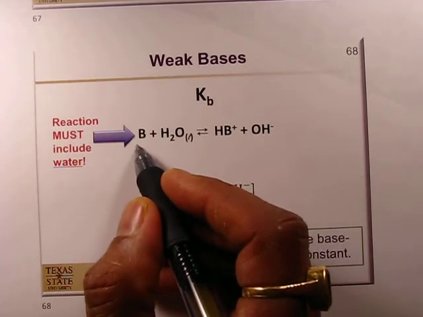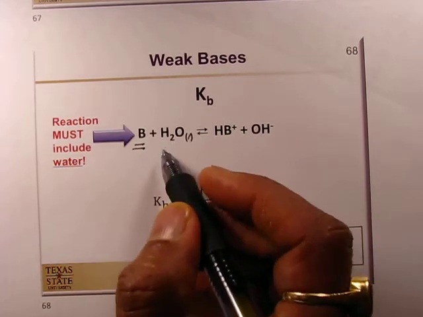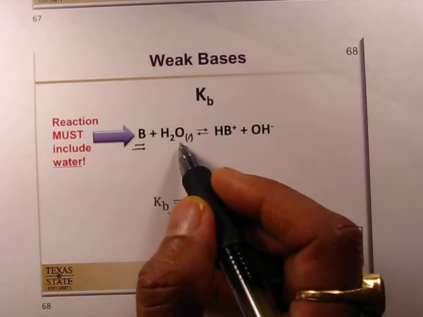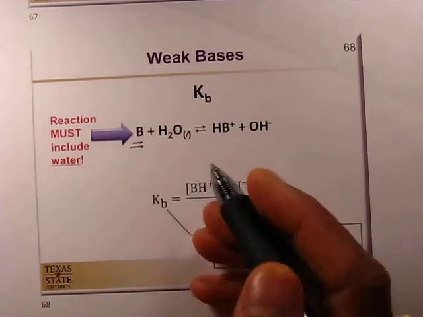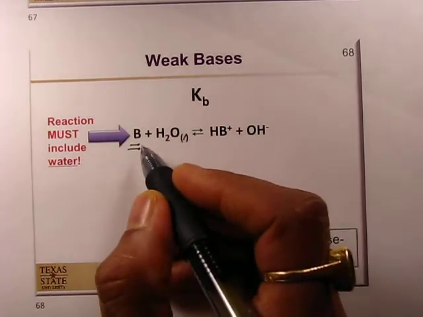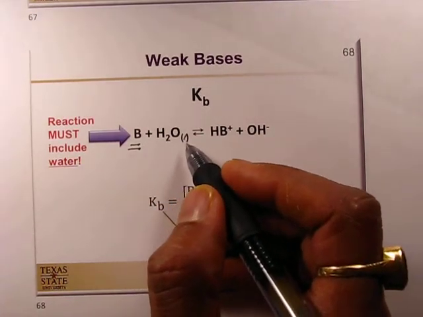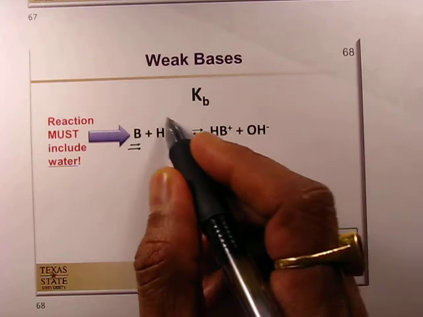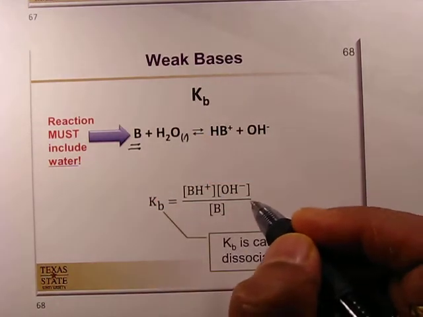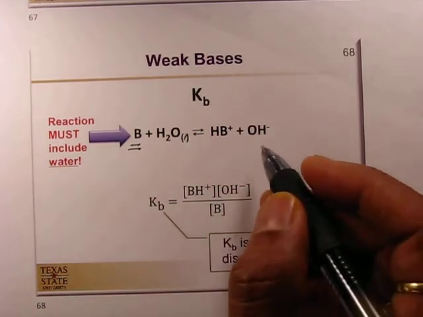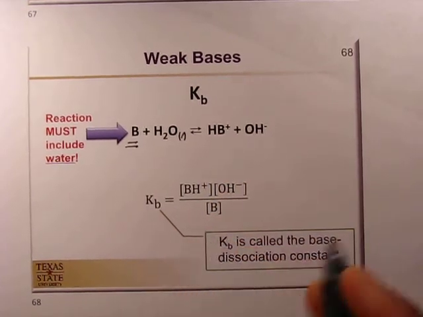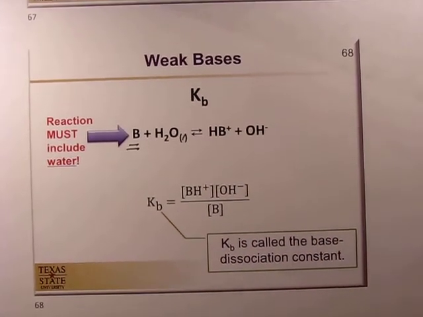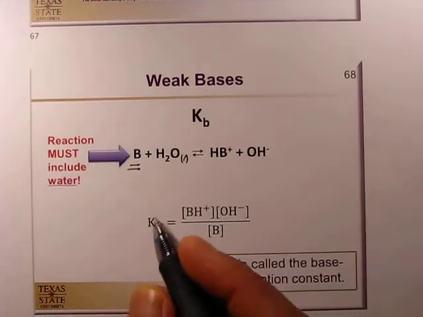Once they react with water, basically you can see this is showing a heterogeneous reaction where water acts as a liquid or solvent which does not take part in the equilibrium expression. And when we write the equilibrium expression for this weak base, we write Kb.